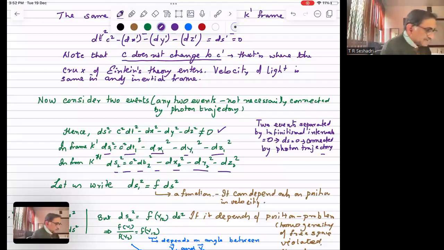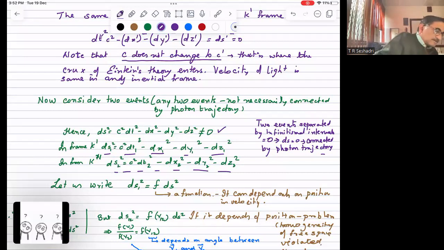Suppose ds1 is related to ds, I can always multiply by a function and get it. Given a number A and a number C, you can always find a number B so that A equals B times C, right? Are you with me?